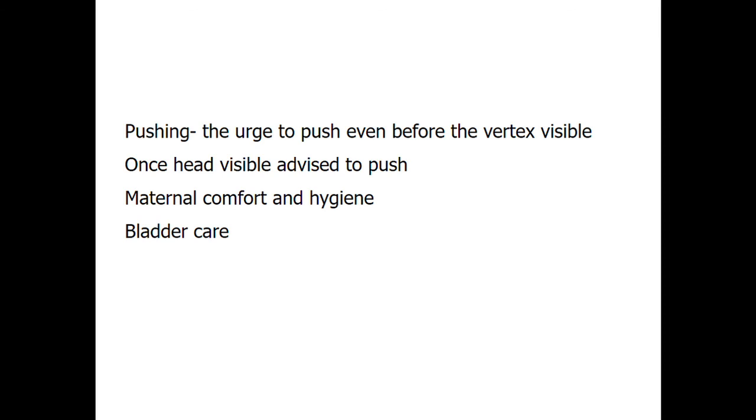We should not allow the patient to push before the vertex is visible, because if the mother starts to push early, it may cause vaginal edema, and it may use up all the energy the mother has. Once the fetal head is visible, the mother will no longer have any energy to push. So we should not allow the mother to push before the fetal head is visible.